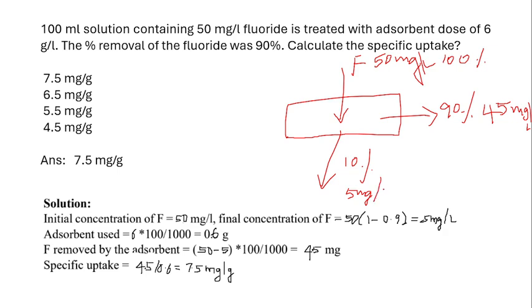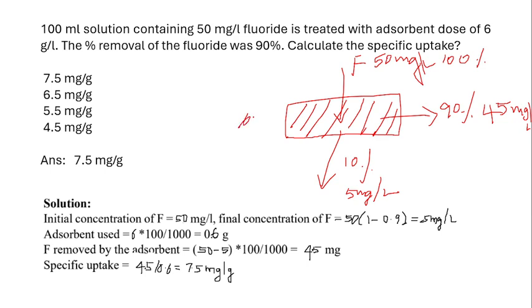So these are the concentration present initially, went out in the adsorption matrix, and this went out after the adsorption, present in the adsorbent matrix. Now they are asking you to calculate a specific uptake. So here the adsorbent used is of concentration given 6 gram per liter.